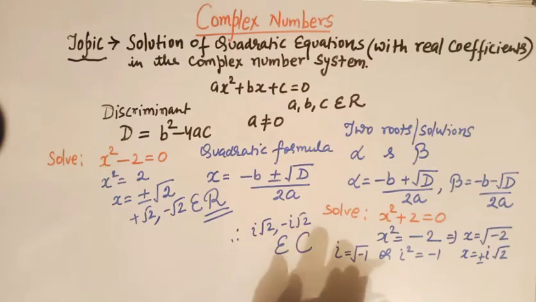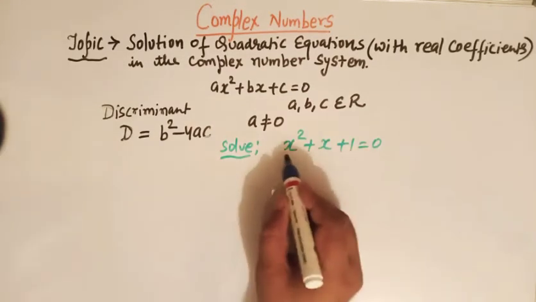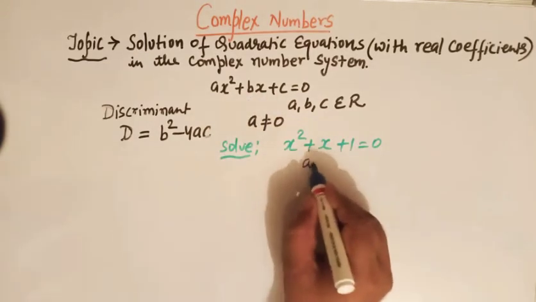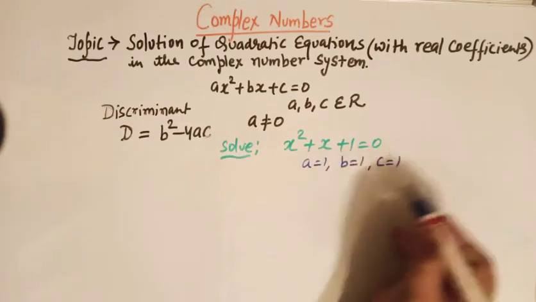Clear? So let us now take some more problems. Now viewers, here we have this equation. So if we compare this equation with this equation, we get a is 1, b is 1 and c is equal to 1.